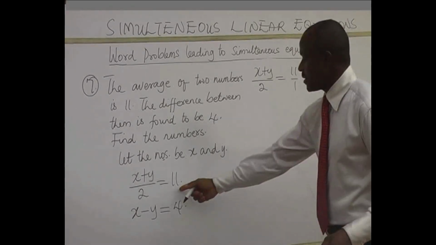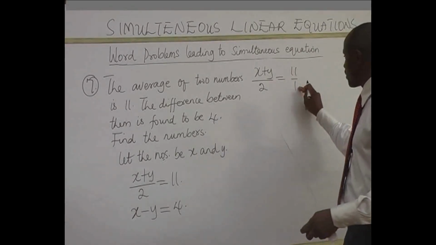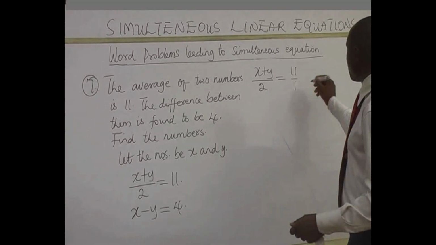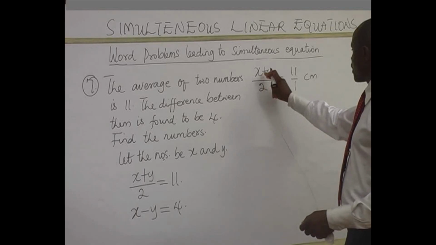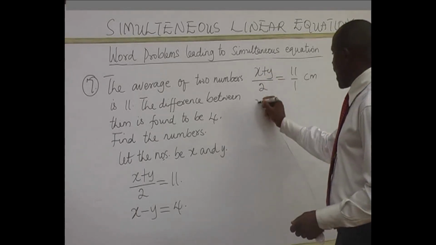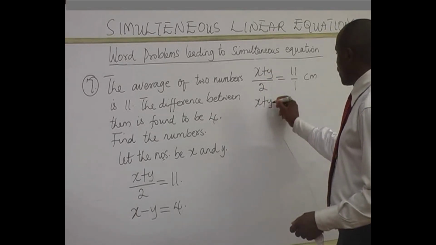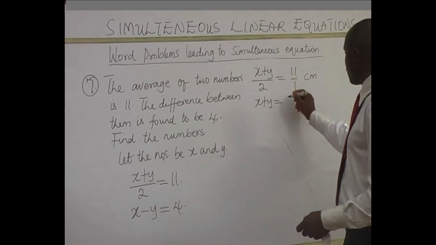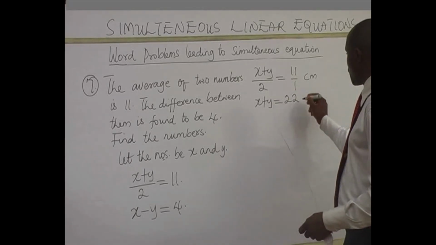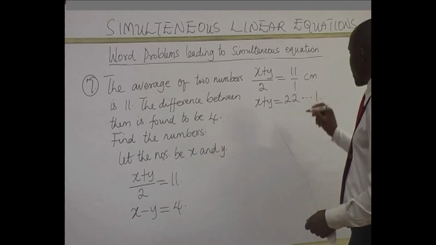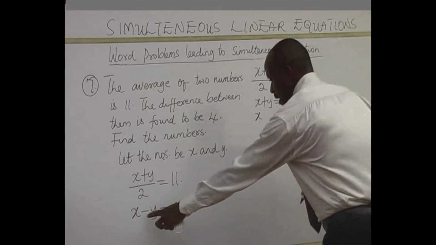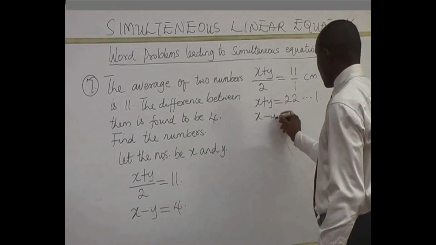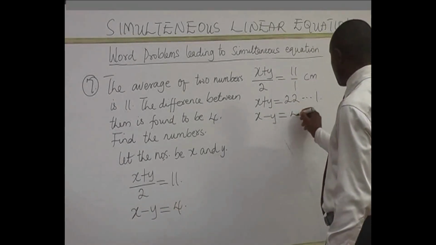That's the meaning of this. 11 means 11 over 1 in fraction form. Now cross multiply. X plus y times 1 will give you x plus y. And it's going to be equal to 2 times 11 will give you 22. So this has formed equation 1. Equation 2 is x minus y is equal to 4.